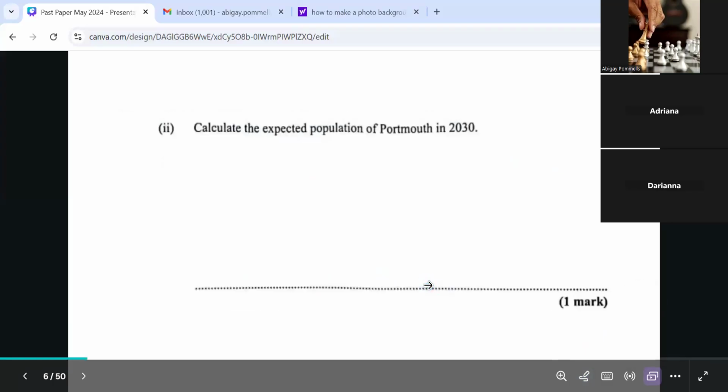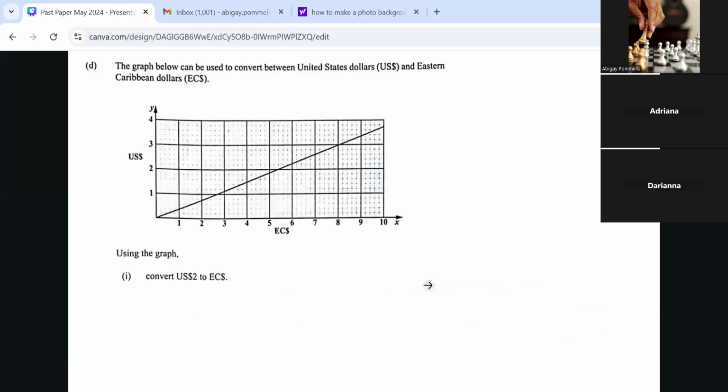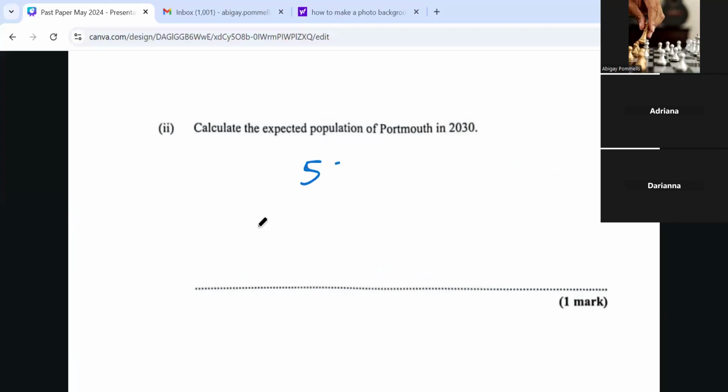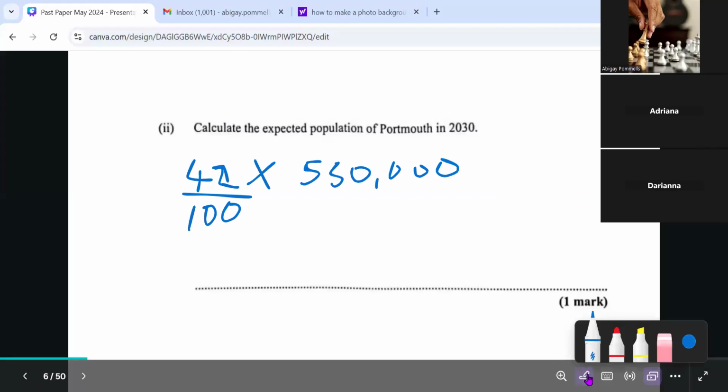our figure, which is 550,000, times the percentage, 42%. And we know that 42% is over 100. So what we can do right here is cancel out the zeros.